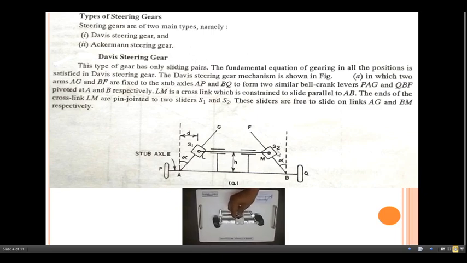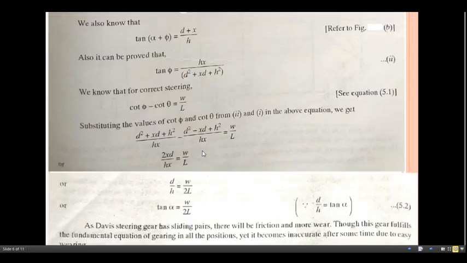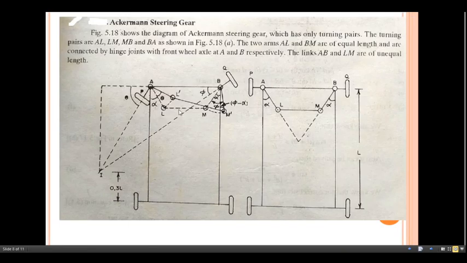S1 and S2 are the two sliders mounted here in the case of the Davis steering gear mechanism. In this case only turning pairs are there. The turning pairs are AL, LM, then MB, and this one AB.